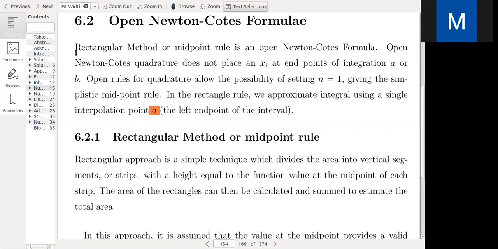So if we take an interval of integration from A to B, we avoid placing xi on these interval points A or B. And number two, there is a possibility of setting n equal to 1 in open Newton-Cotes formulae.